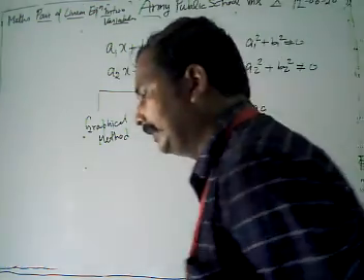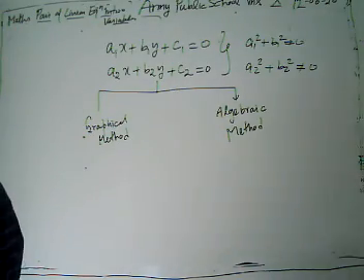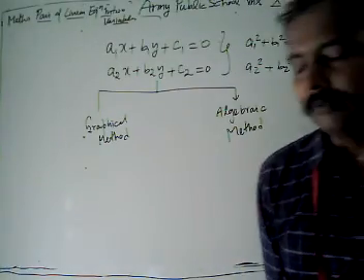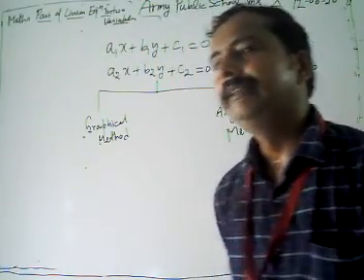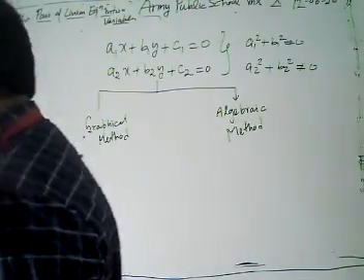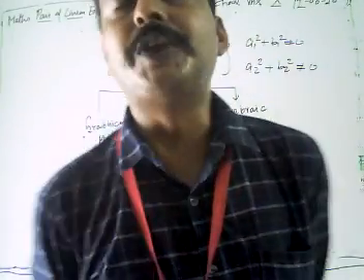That means in the case of lines parallel to each other, there is no solution. And in the third case, when these lines coincide, meaning both lines are overlapping each other, then each and every point is a solution of both lines. In this case we have an infinite number of solutions.